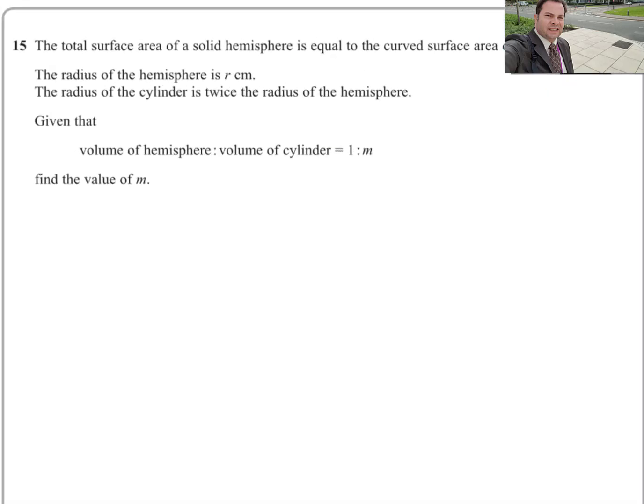Question number 15. The total surface area of the solid hemisphere is equal to the curved surface area of the cylinder.